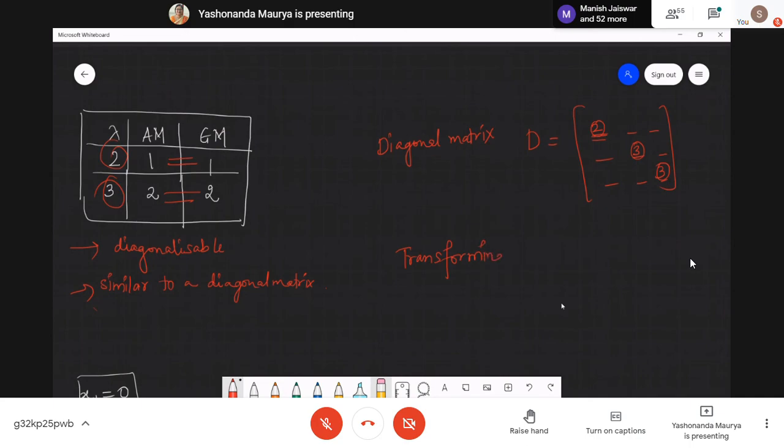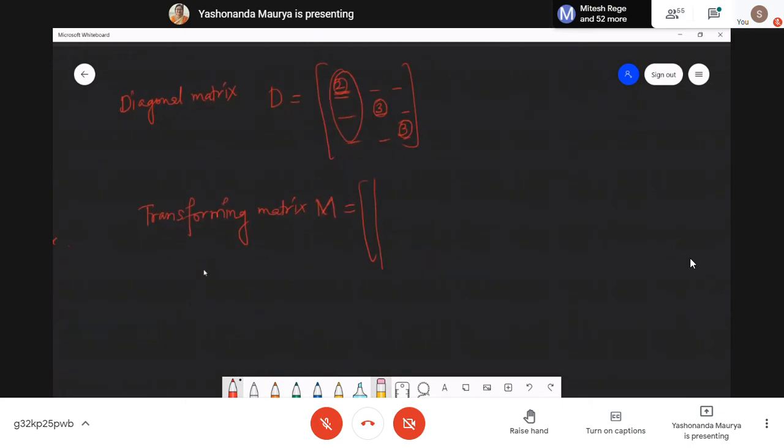Transforming matrix, sometimes it's denoted by M. This matrix, how do I write? Whatever vector that I'll get for 2, here I'll write it in this fashion.